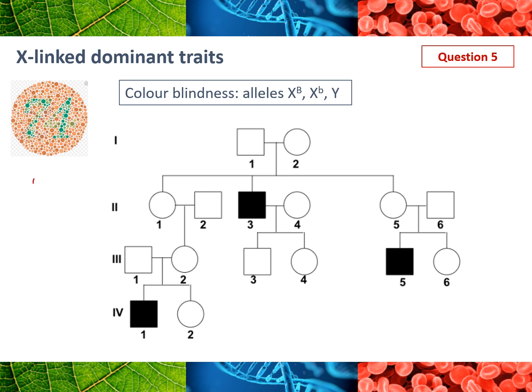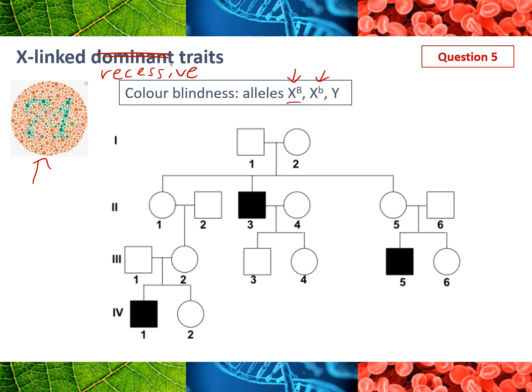If you look at this, if you can't see a green number inside that circle, then you may have colorblindness. But this is an X-linked, sorry, that should say recessive. This is an X-linked recessive trait. The alleles we're going to use for this are XB, the dominant version. That person will not have colorblindness. This recessive allele is the allele for colorblindness.